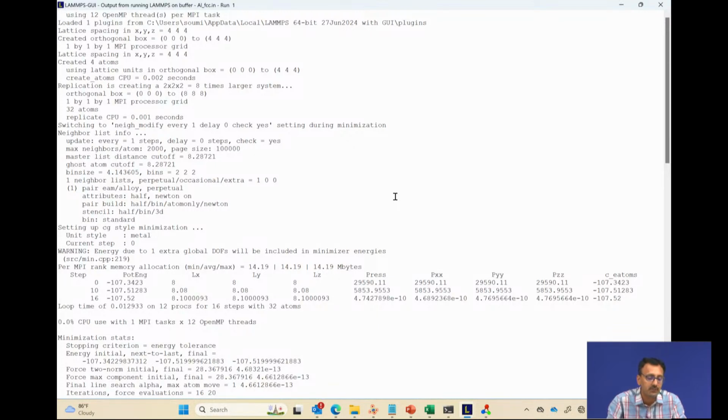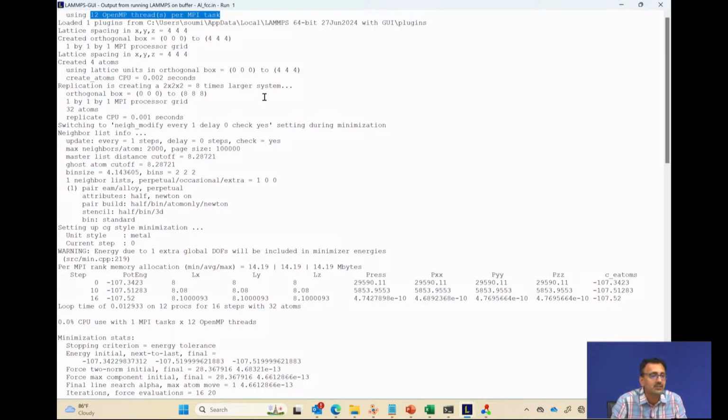So let's look at the log file from this simulation first, and then we will visualize the trajectory using visualization software. So the log file tells you what sort of compute nodes are available for this. For this particular computer, it's 12 threads that it's running on.